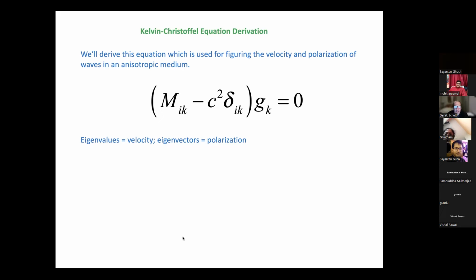So once we have this equation here, the eigenvalues of this equation tell you the velocity of the quasi-shear 1, the quasi-shear 2, and the P wave. And the eigenvectors give the polarization directions of these 3 waves. So the shear waves, because they split into 2 separate polarized components, we call them quasi-shear 1 and quasi-shear 2.